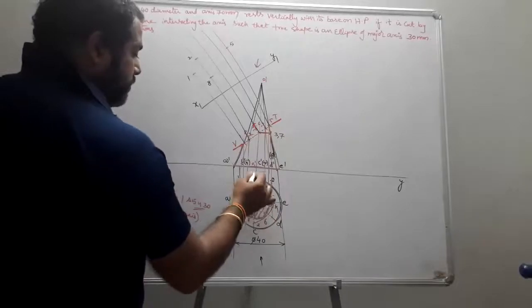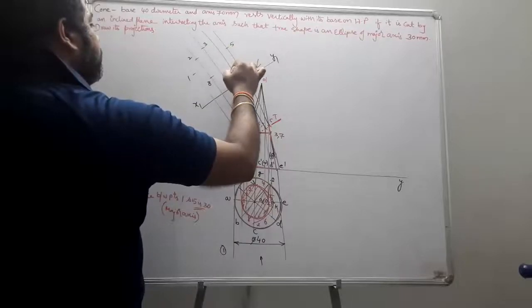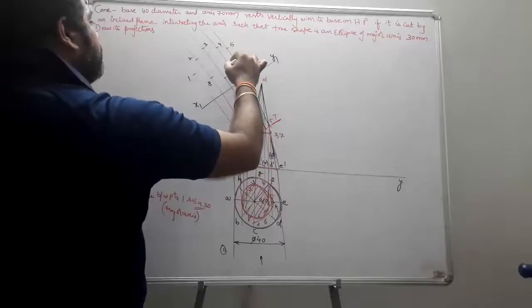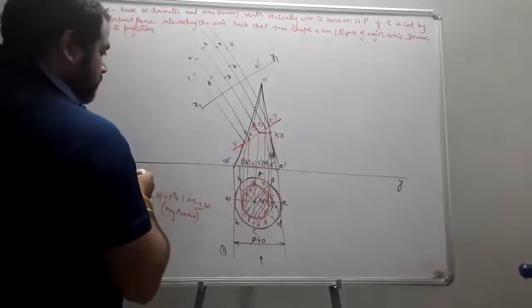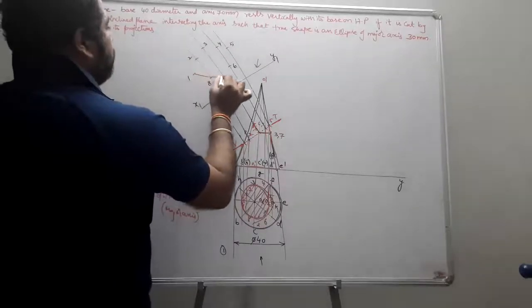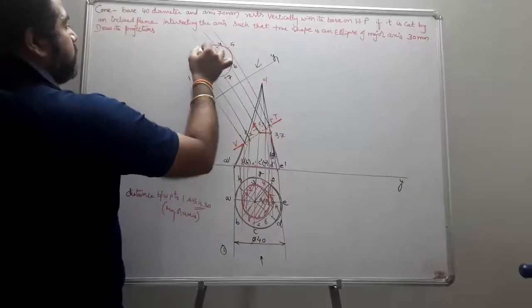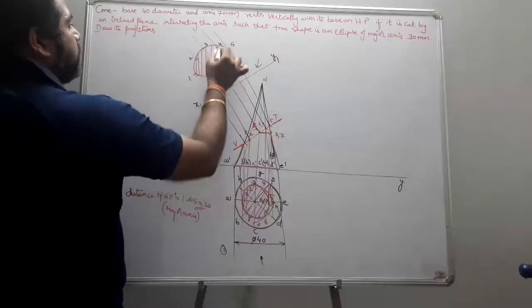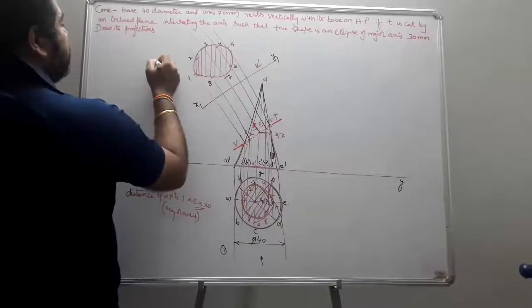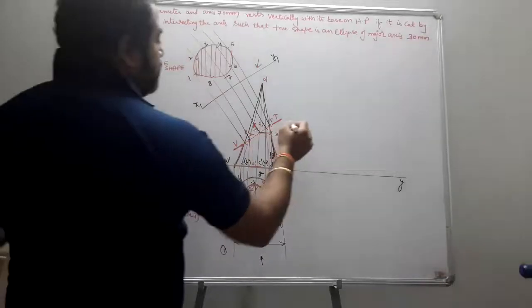Next, 3, 7, 4, 6. So when you join all these points, you will obtain an ellipse. So this becomes your true shape.